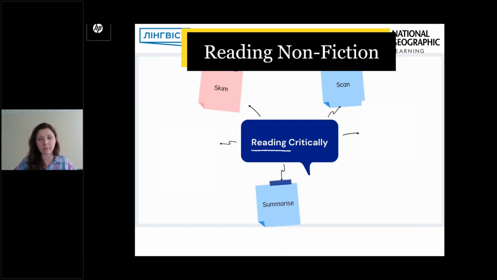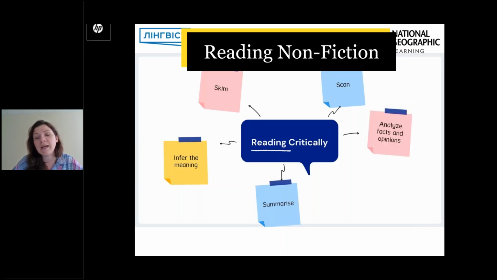They don't need all the information, right? Of course, they will meet lots of new words, so it's important to teach them how to infer the meaning, and analyzing. Which is fact, which is opinion, which should we rely on, which we should just read for fun or even omit to stay healthy, I would say.